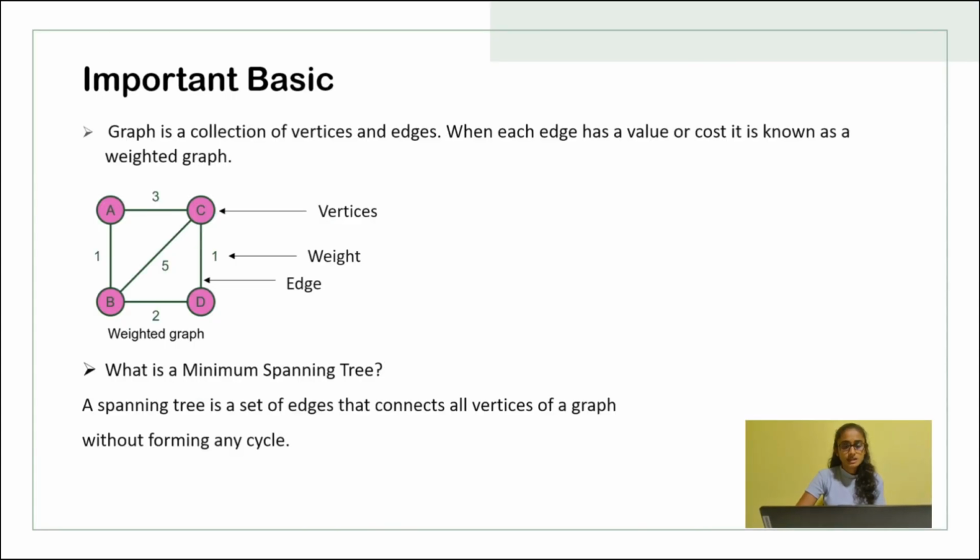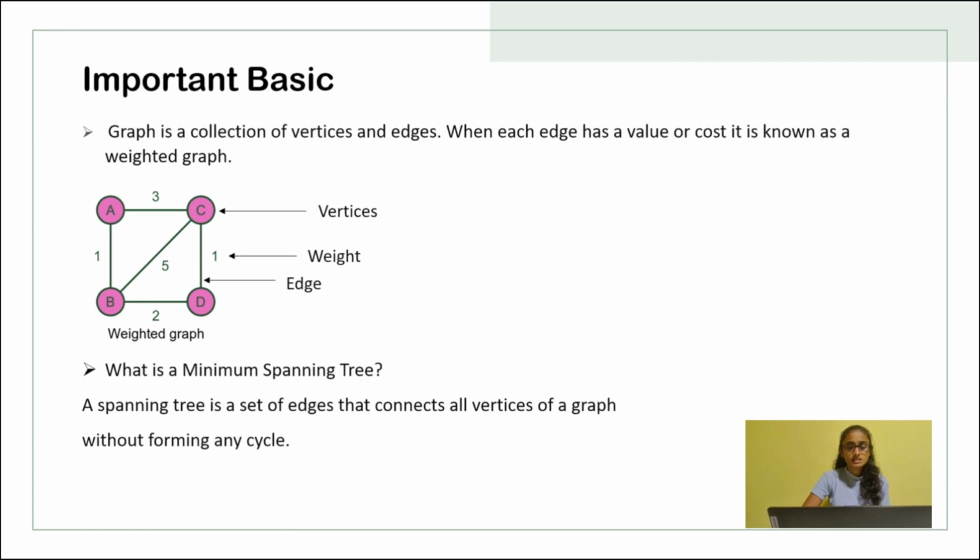Before learning Prim's algorithm, we must understand three basic ideas. First one is graph, weighted graph, and spanning tree. A graph is a collection of vertices, which is also called nodes, and edges, connections between nodes.